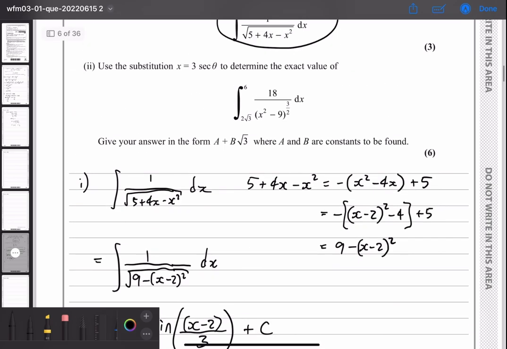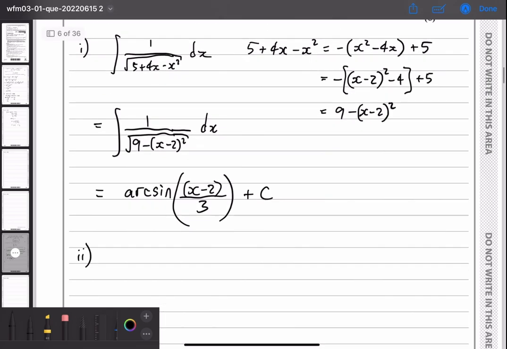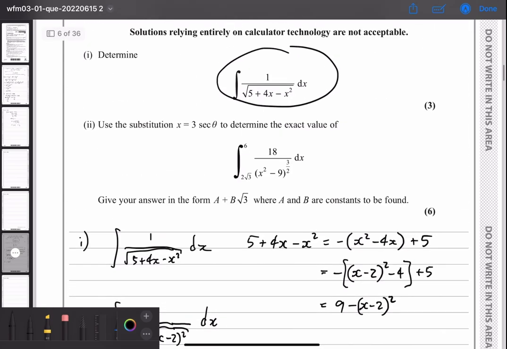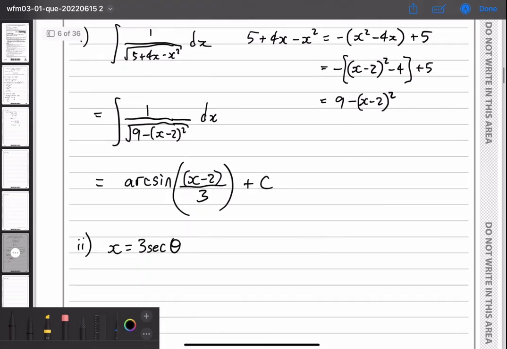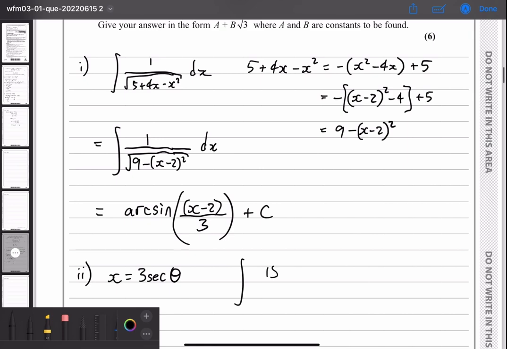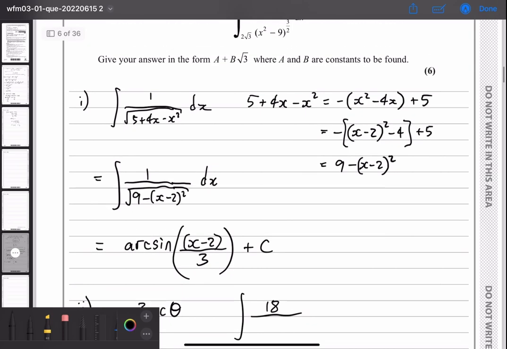tells us to use the substitution x is equal to 3 sec theta. Okay, and then we're determining the value of this thing here, 18 over (x squared minus 9) to the 3 over 2.